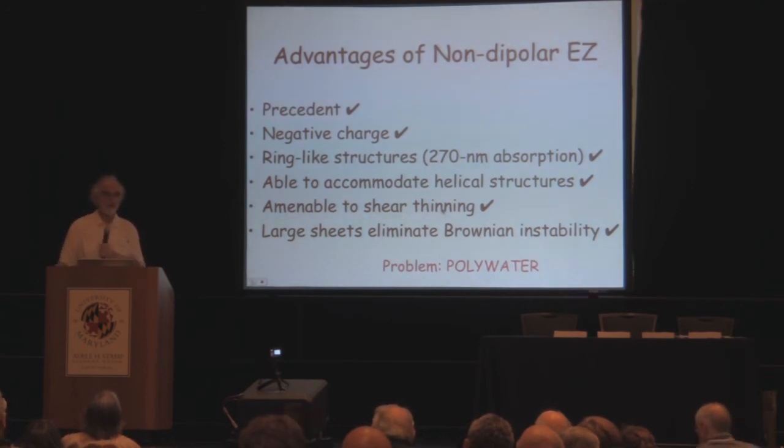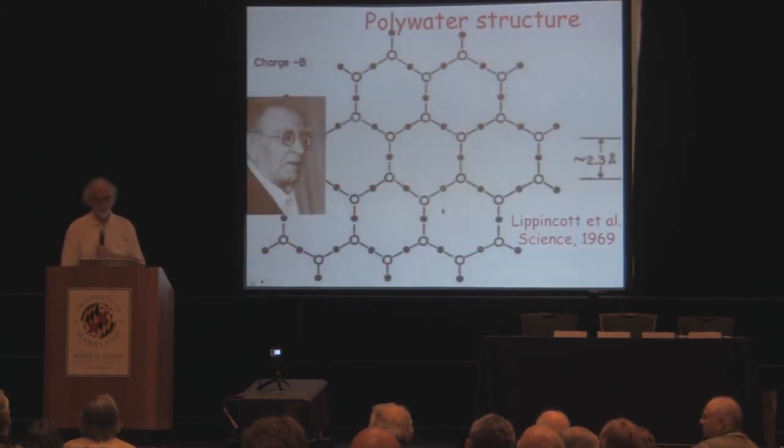They're more dense, hard to vaporize, hard to freeze, etc., etc. And here's a picture of Deryagin, and the structure that was arrived at is this structure. This is the same structure that we suggested.